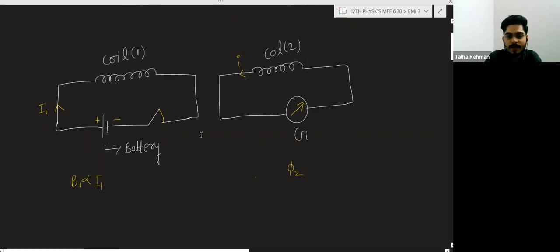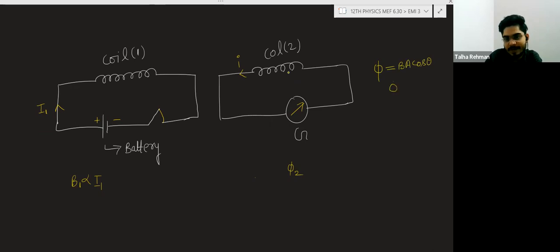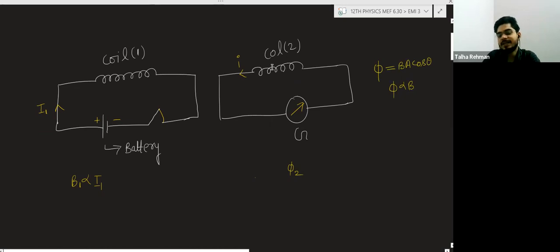Now what is the formula of magnetic flux? Phi is equal to BA cos theta. So magnetic flux is directly proportional to the magnetic field. Here the magnetic field is increasing, so the flux in coil 2 will increase.